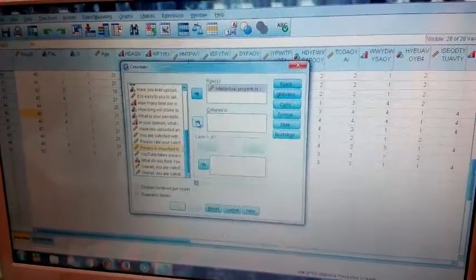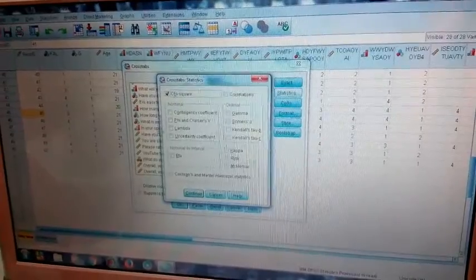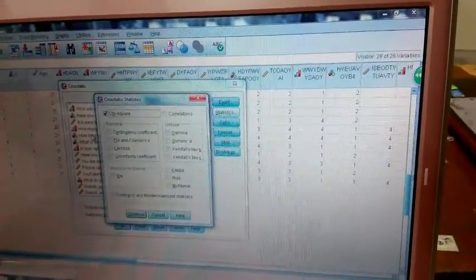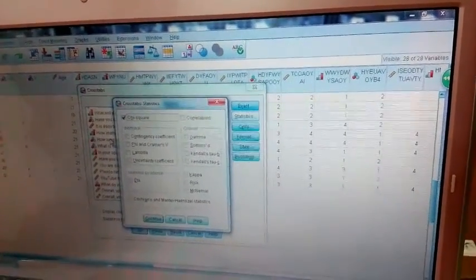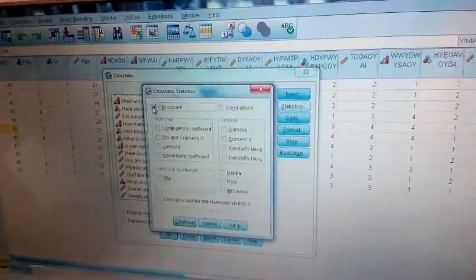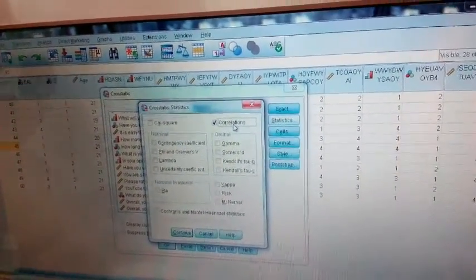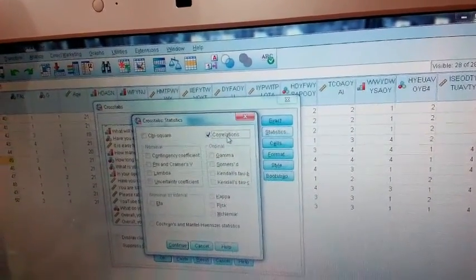Privacy also can do. Now statistics. Because these two are interval scales, you give them 1, 2, 3, 4, 5 to choose. Both variables use interval scales, so you have to use correlation. We want to see the relationship between these two variables: one up, the other up or down.